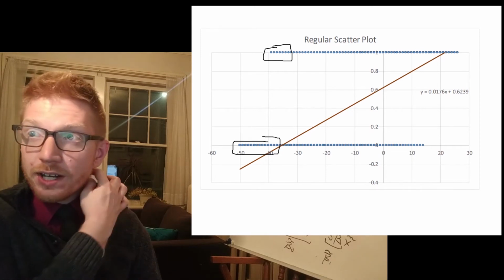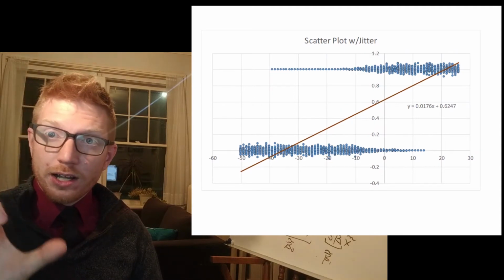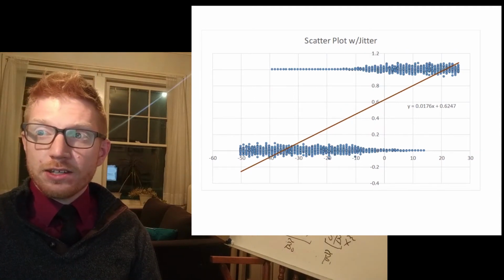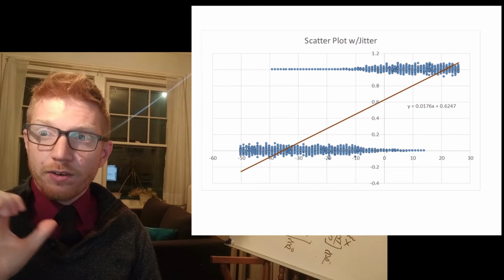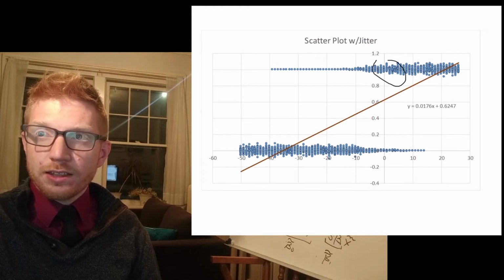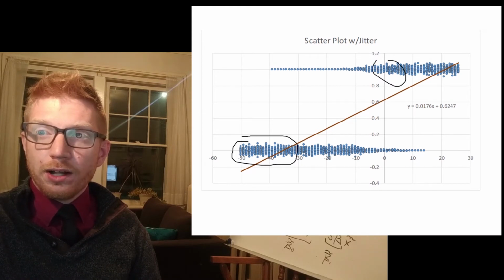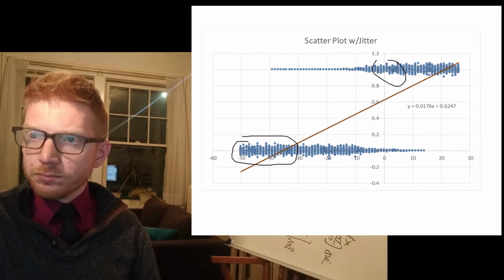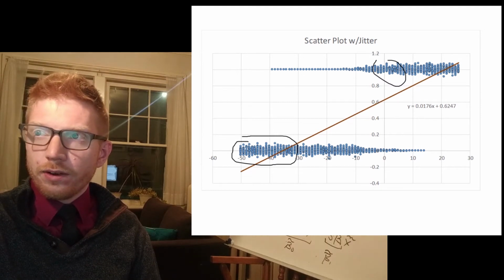So what I have done here is show not just the density, but I have varied based on how many are there. I've spread these out a little bit. And so we can see that there are a lot more thinking that the Patriots would win than there are up here.